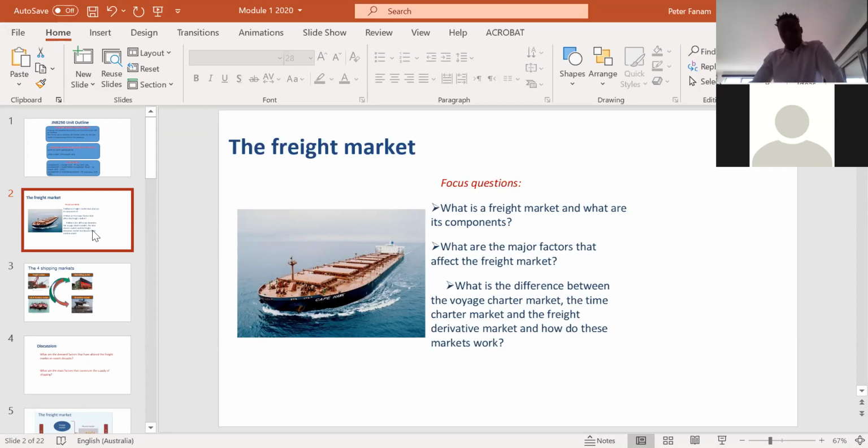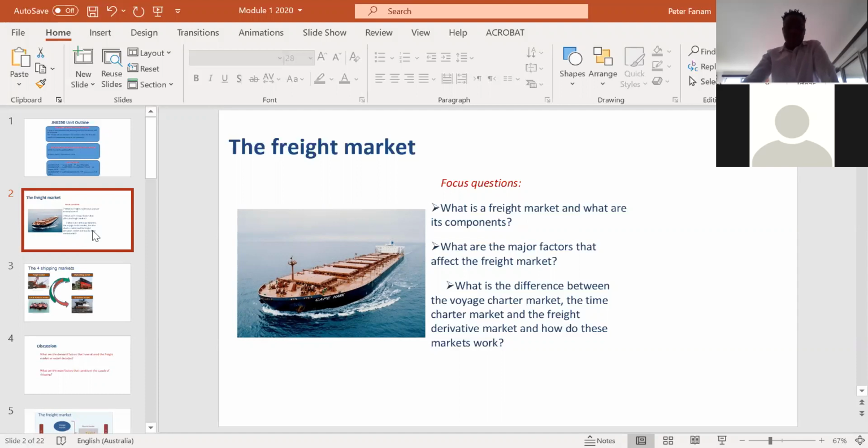But if you look at it, this negotiation is mainly between the ship owner, who is sometimes the ship operator, or the one having a vessel, and then the charterer who is coming into the market to charter the vessel. But normally these negotiations are not done directly between the two. There is a middleman, a third person involved, which is a broker.